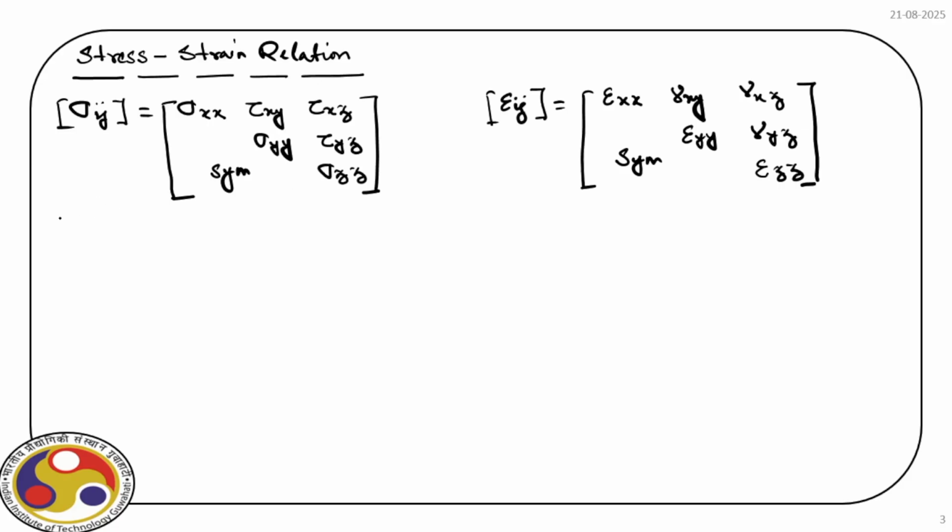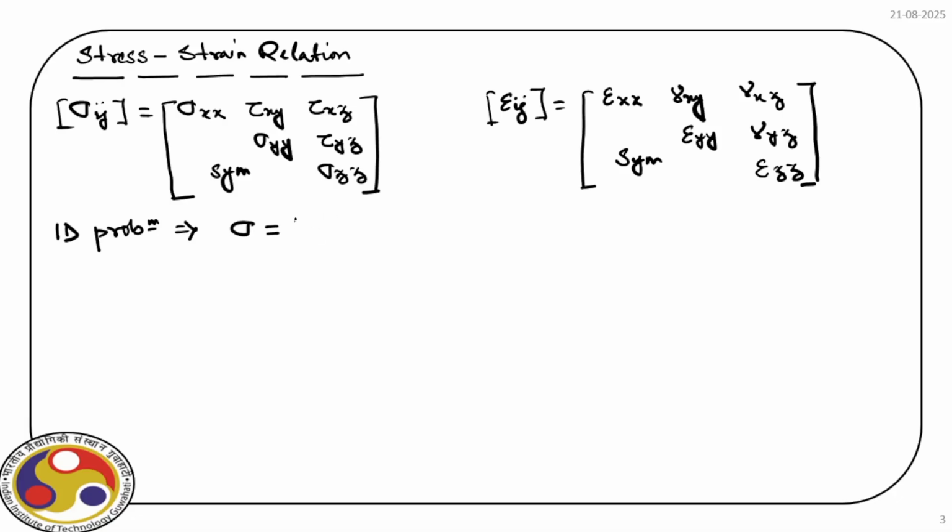Now before we do that, let us recall elementary strength of material, where we consider the 1D problem. So for 1D problem, the relation between stress and strain we all are familiar with.